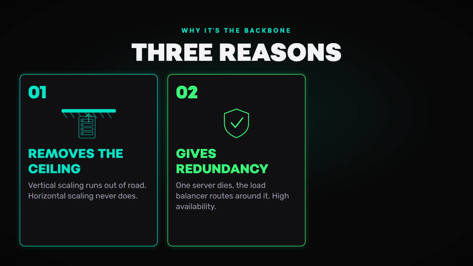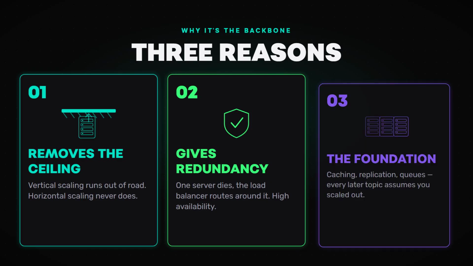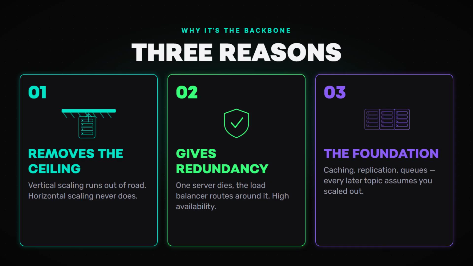Reason 2. It gives you redundancy. With multiple servers running your application, one going down does not mean the whole system goes down. The load balancer in front of your fleet stops sending traffic to the failed server and routes everything to the remaining ones. This is how systems achieve high availability.